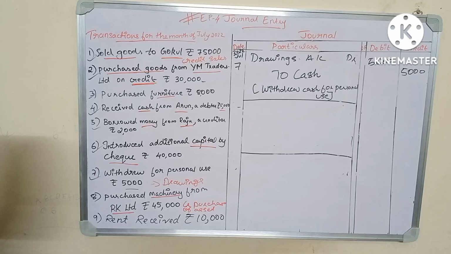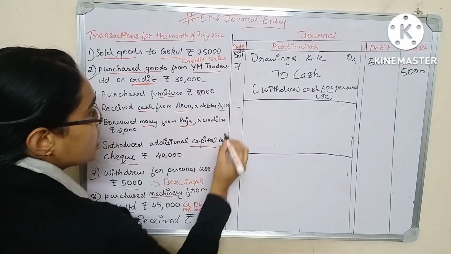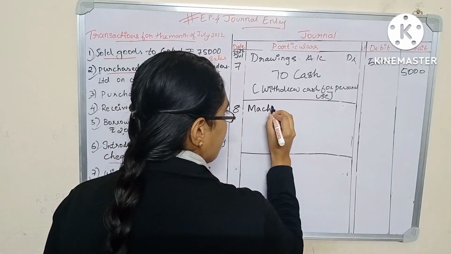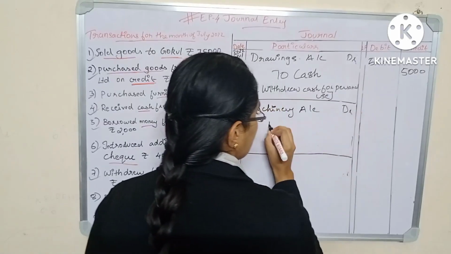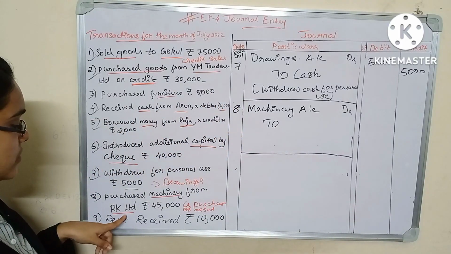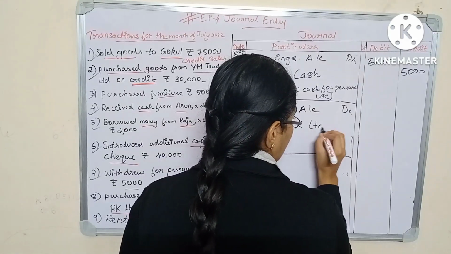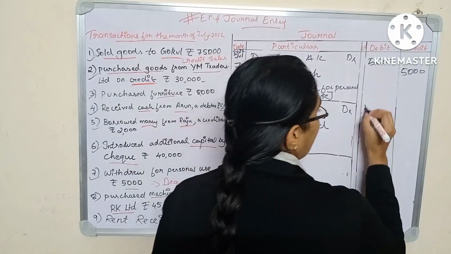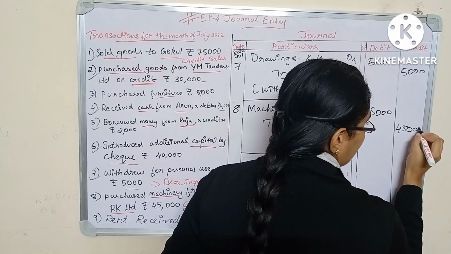So how will the entry be? Machinery you're purchasing now, so machinery is coming in. So it's 8th of July. Machinery account debtor to whom? RK Limited. You're purchasing the asset from RK Limited, so you'll write RK Limited. How much is the amount of purchase? 45,000. So you'll write 45,000 here and 45,000 here.